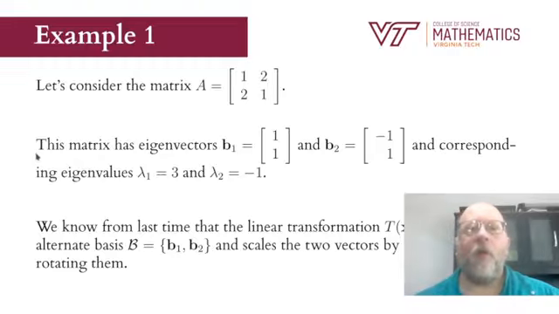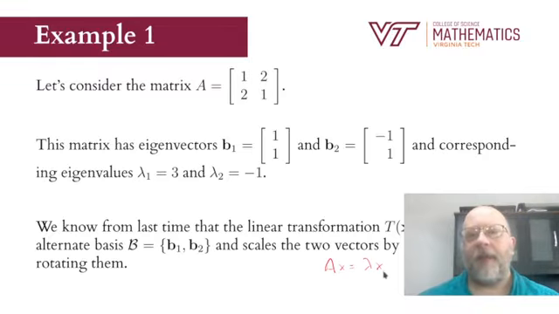So we know that the linear transformation, if I take this matrix A and multiply by x, is going to scale this vector by a factor of 3 and this vector by a factor of negative 1. That's the definition of an eigenvector, that A times x is equal to just lambda times x.